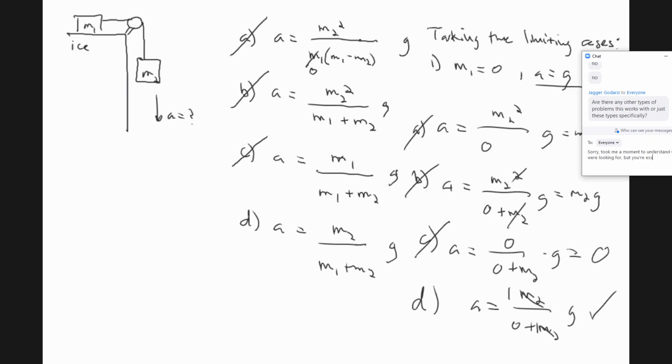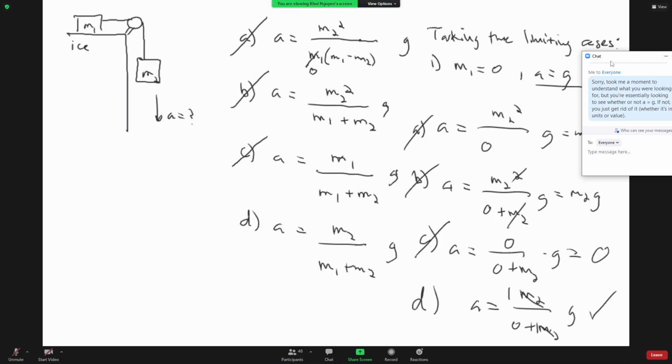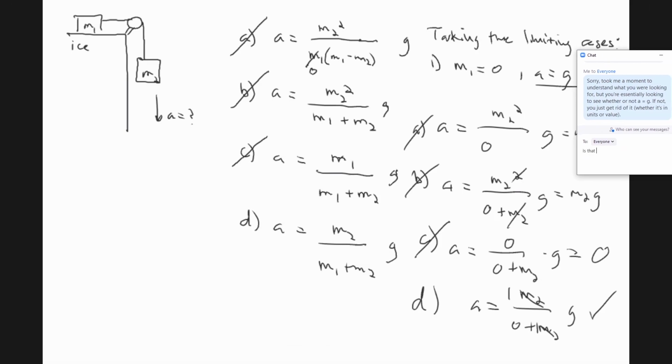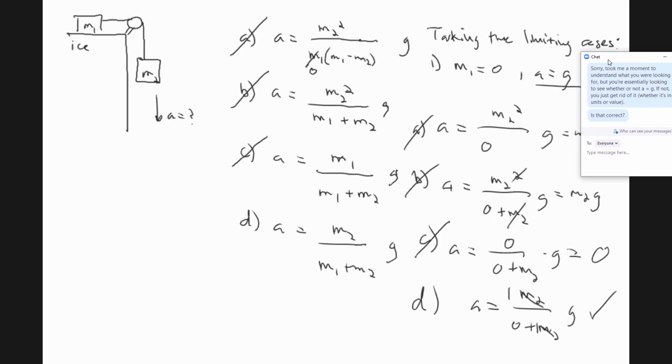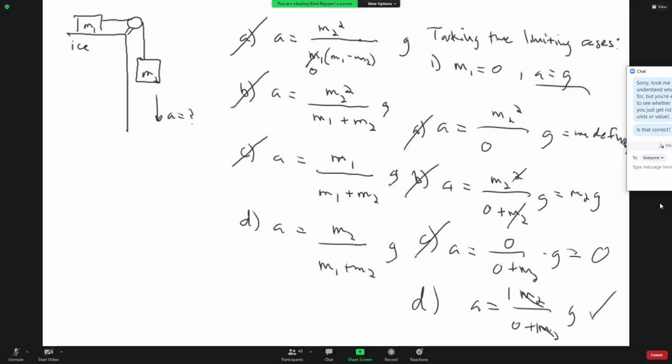So anytime there's an object with a motion type problem, Jagger, you can basically do these limiting cases. So last week when we talked about velocity as a function of displacement, right? You could have done it there, right? That is correct, Jonathan.